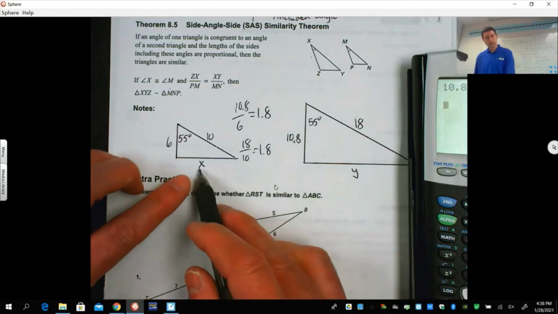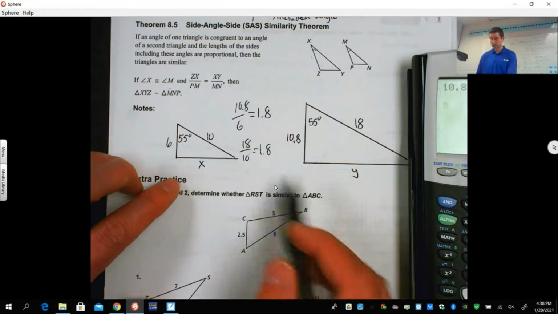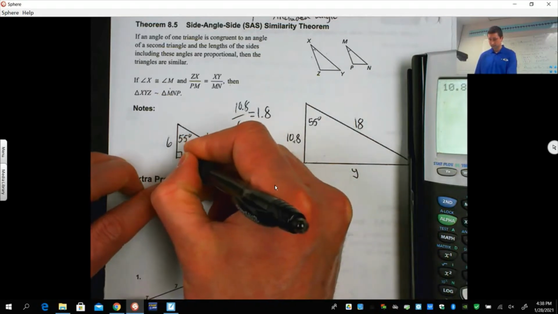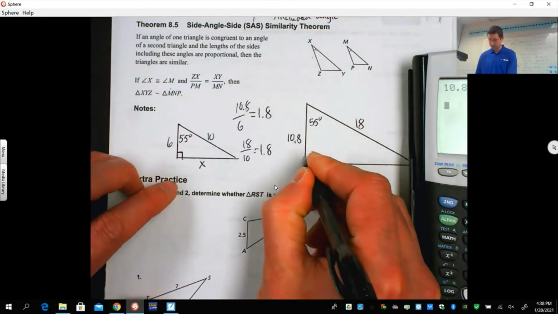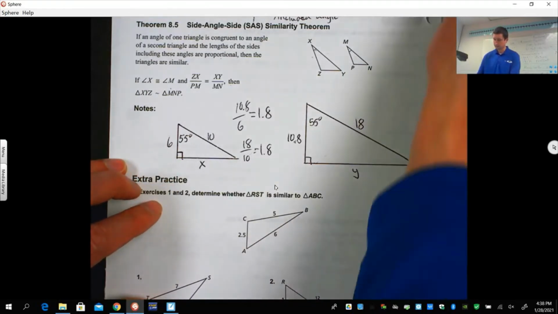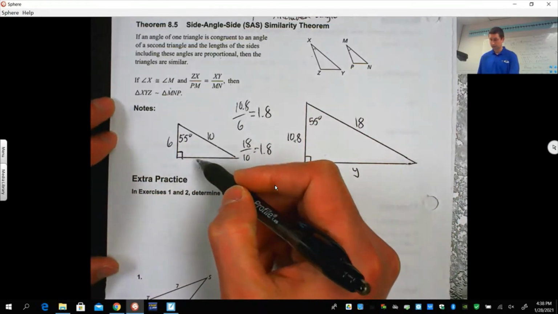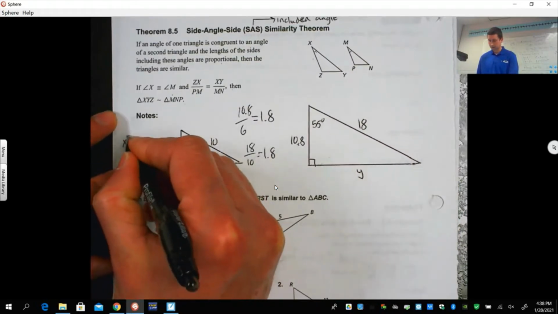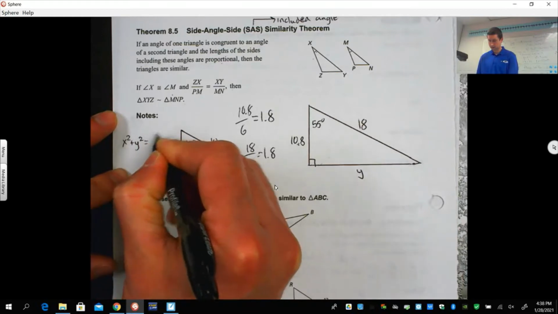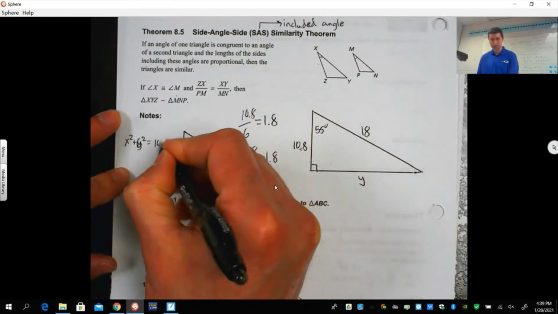Okay, so let's find the lengths of x and y. Now, we don't have a corresponding part here, but I'm sorry, this should have been in here. These are right angles. So if I know two of my measurements, I can find the third side. So the Pythagorean theorem says x squared plus 6 squared equals 10 squared.